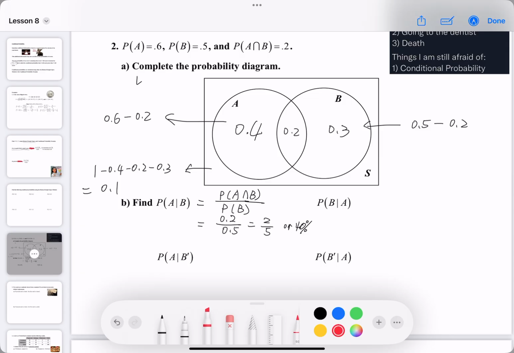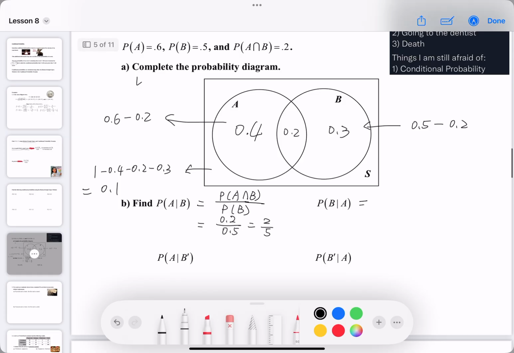Or I accept 2 over 5. How about the next one? Let's rewrite it into the formula form: P of B and A divided by P of A. P of B and A is the same as A and B, so P of A and B is 0.2.